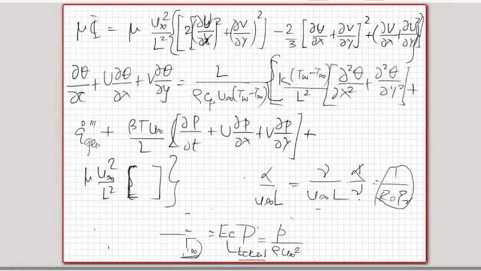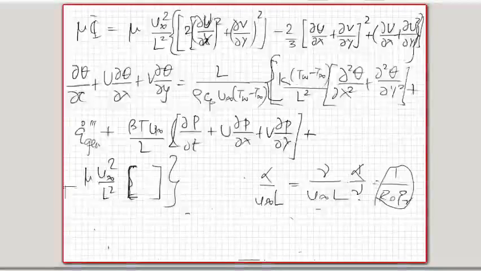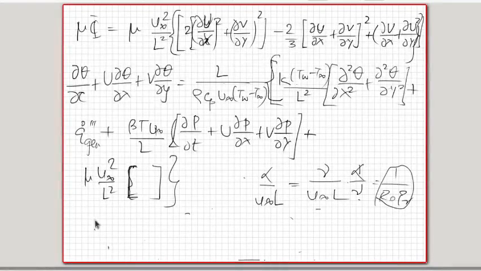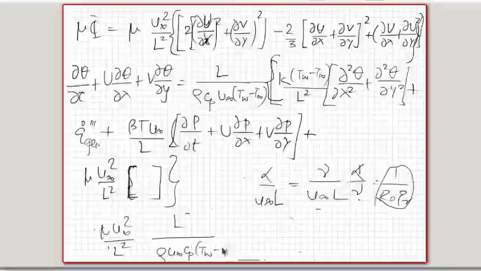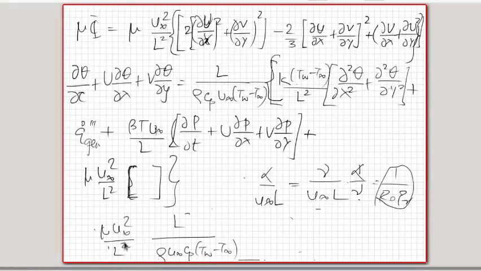The last ratio that you would get is this mu U infinity squared by L squared multiplied by the opposite, which is L by rho U infinity Cp into T wall minus T infinity. If you see, there is an L getting cancelled here and a U infinity getting cancelled here. So here you get a different combination of numbers.